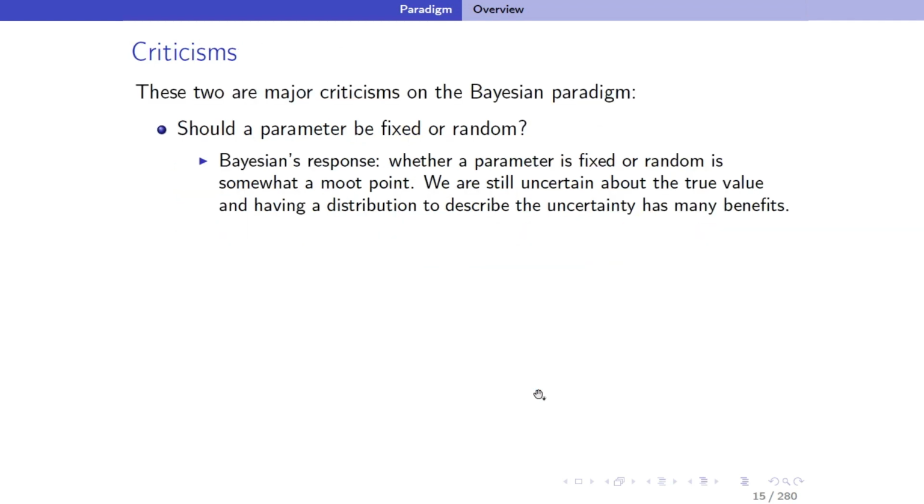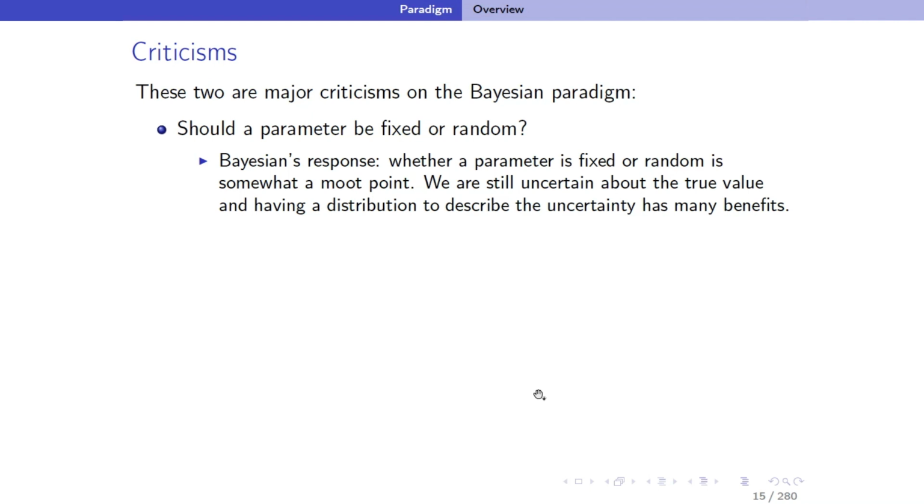Okay. And now we're just going to discuss a bit about two major criticisms of the Bayesian paradigm as a way to understand the approach better. So the first criticism is, should a parameter be fixed or random? And the Bayesian perspective is that whether a parameter is fixed or random is somewhat beside the point.